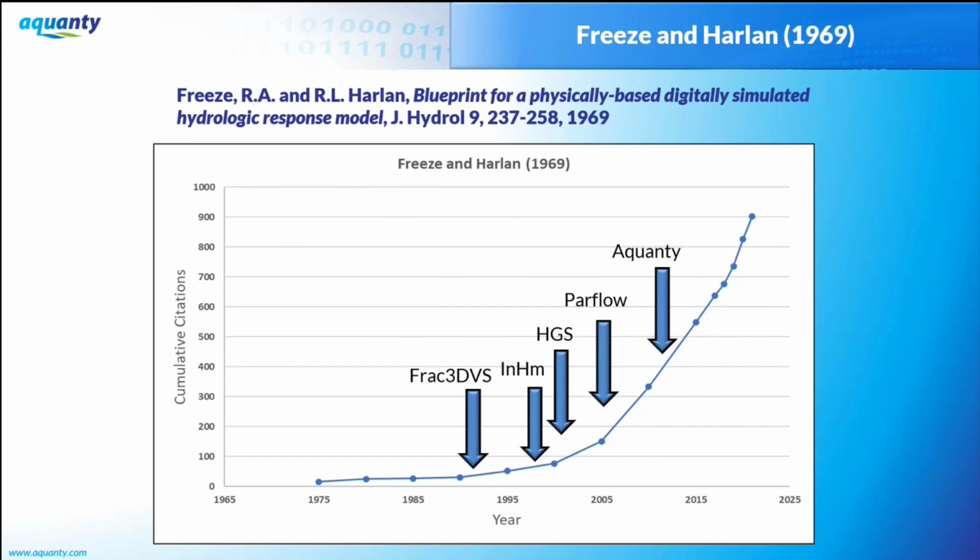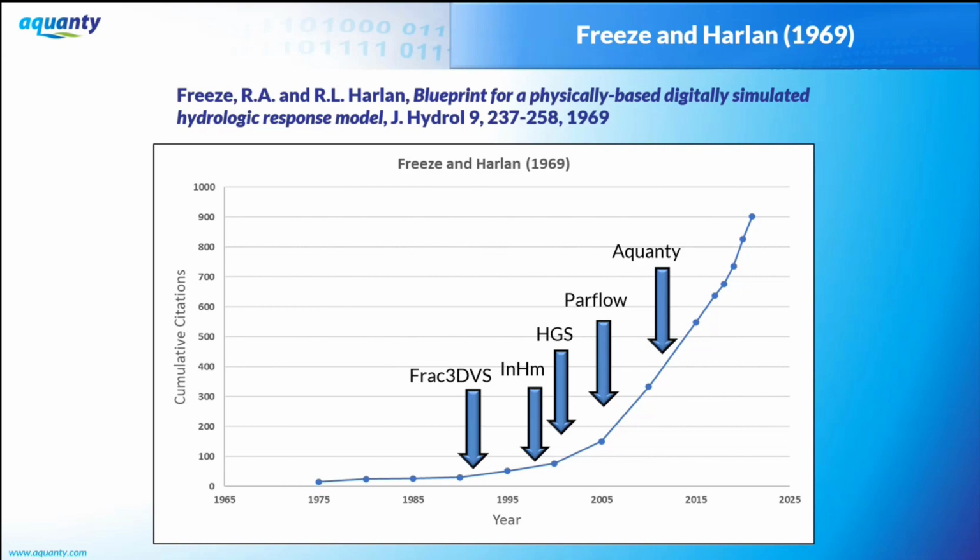I show here 1994 Frac3DVS. That was developed by René Therrien as a PhD student under me. He is now a full professor at Laval University, and that's the subsurface part of HydroGeoSphere as it was originally developed. And a subsequent PhD student added some surface water aspects to basically Frac3DVS. That was NHM, about 1999.